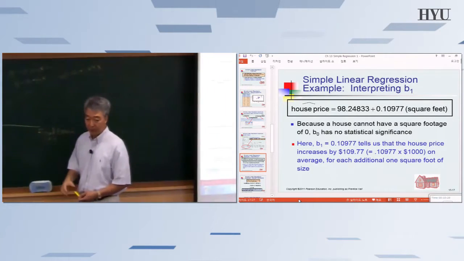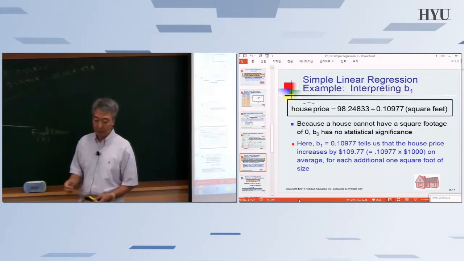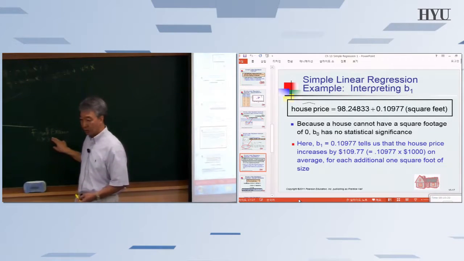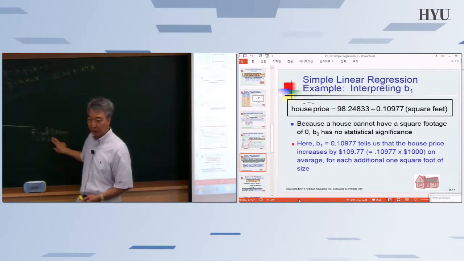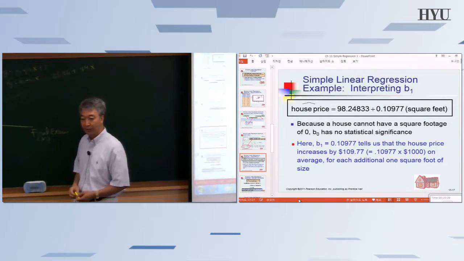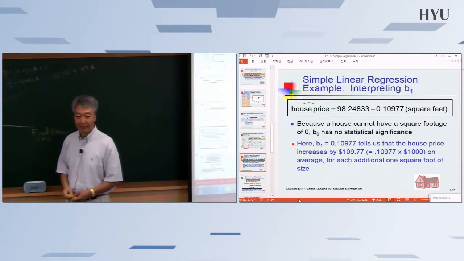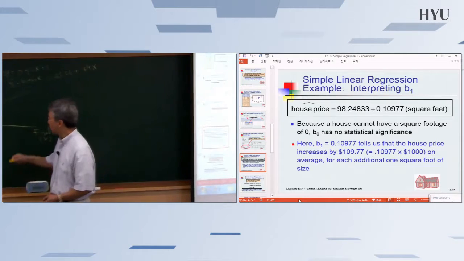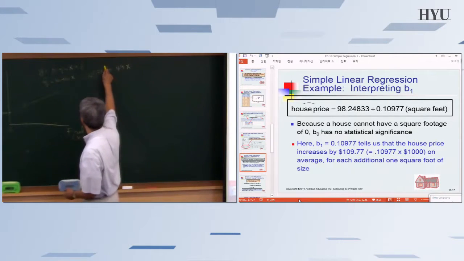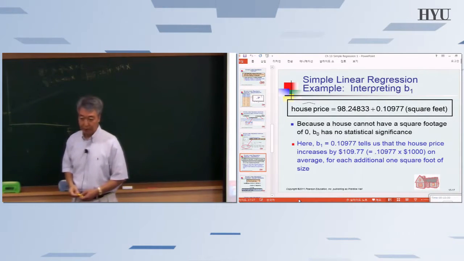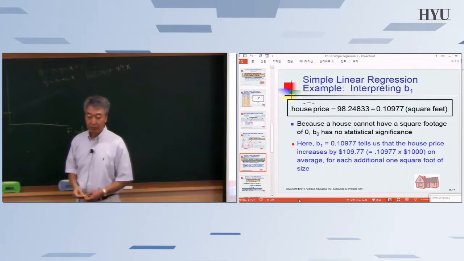For example, in this case, the x variable is the size of a house in square feet, right? And can you think of a house with 0 square feet? There's no such thing, right? So this number is meaningless, okay? But we need it.